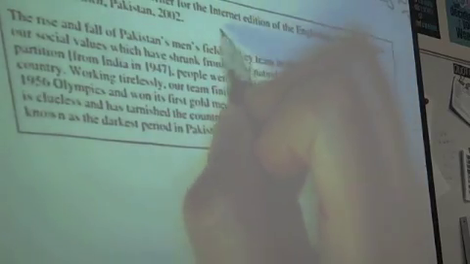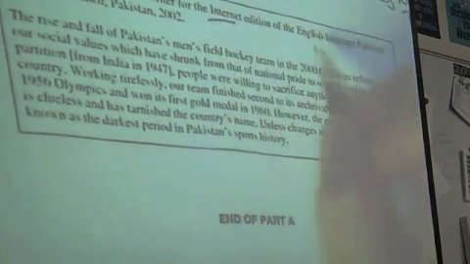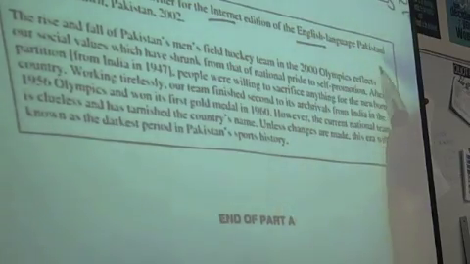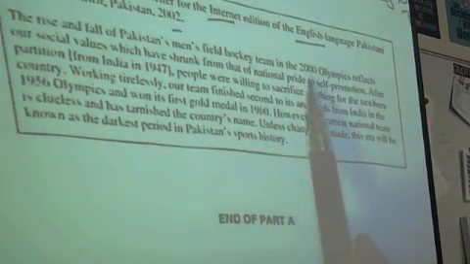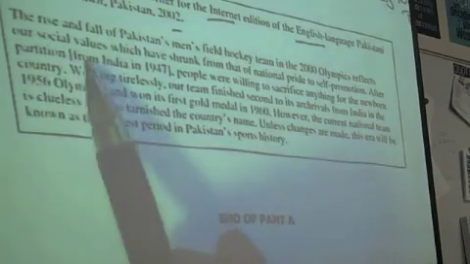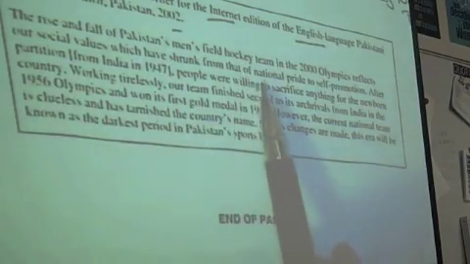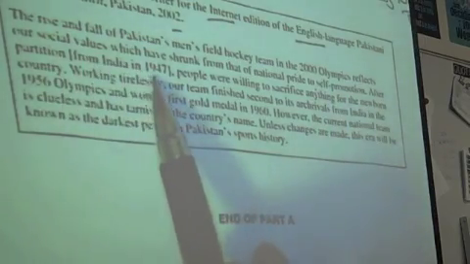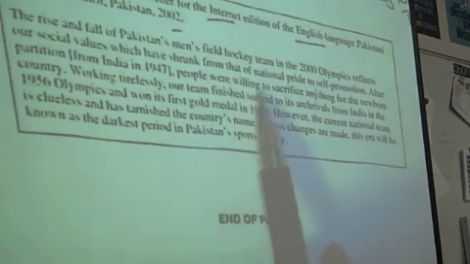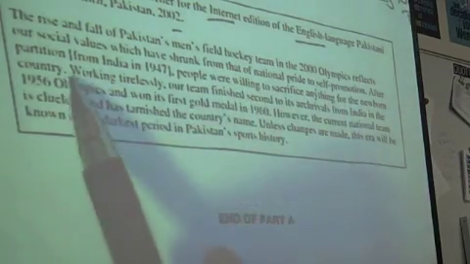Here's our boy. He's the internet edition of the English language Pakistani newspaper Dawn in Pakistan, 2002. The rise and fall of Pakistan's men's field hockey team in the 2000 Olympics reflects our social values, which have shrunk from that of national pride to self-promotion. After partition from India in 1947, people were willing to sacrifice anything for the newborn country.